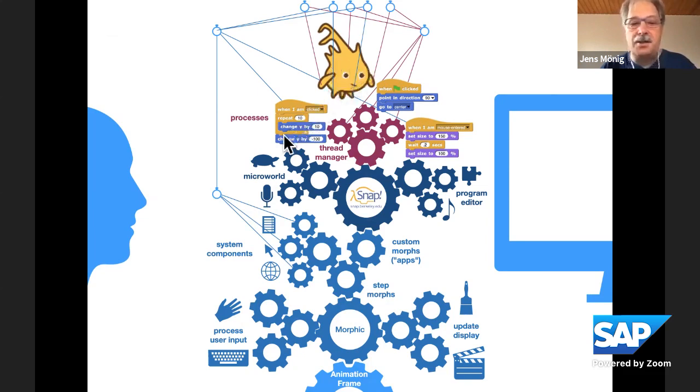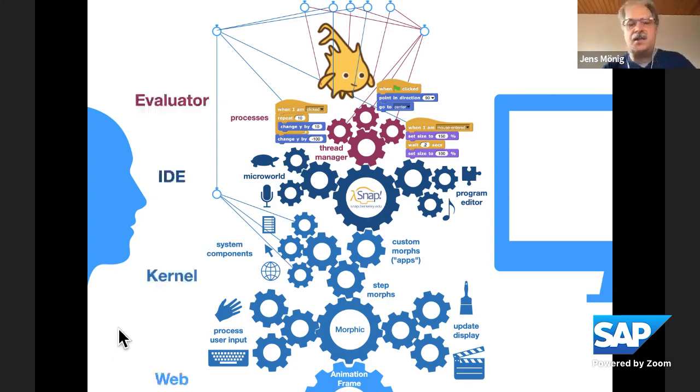We can let the user assemble scripts, and all of this we get out of this very lively integrated morphic system. If you're a web developer and you look at this, you notice that usually you don't have this morphic system. Usually what you use is the DOM, the document object model. When we developed Snap, we decided against using the DOM, and basically built our own operating system that does all of that for us so we can more tightly integrate it.